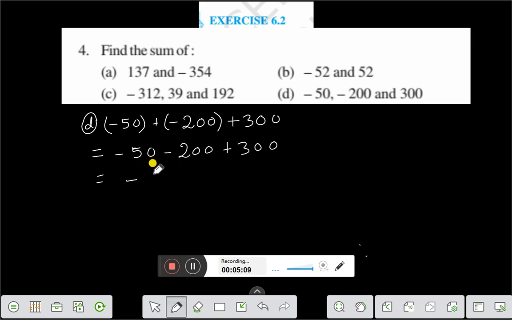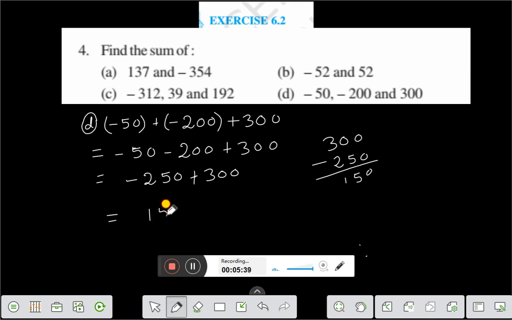Therefore it will be minus 250 plus 300, right? Now you have to subtract the smaller number from the greater one, that is 300 minus 250. It is 0, 5, 3 minus 2 is 1, it is 150. Now you see that 250 and 300, 300 is greater, therefore it will be plus. The answer is 150. This is the solution of question number 4.